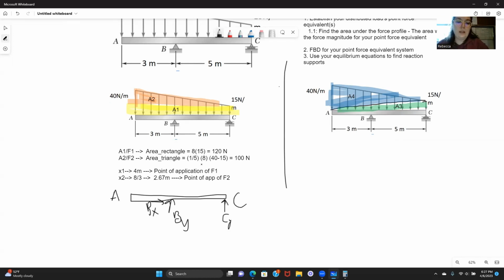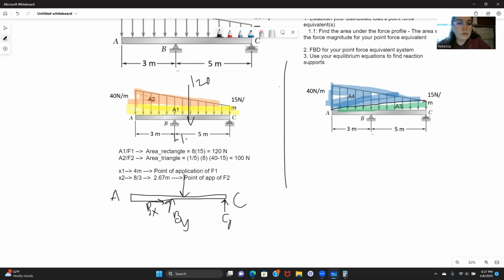And then we can add in our point force equivalents. We have a 120 newton force at 4 meters, at that halfway point, so it's just beyond this, 1 meter beyond this.